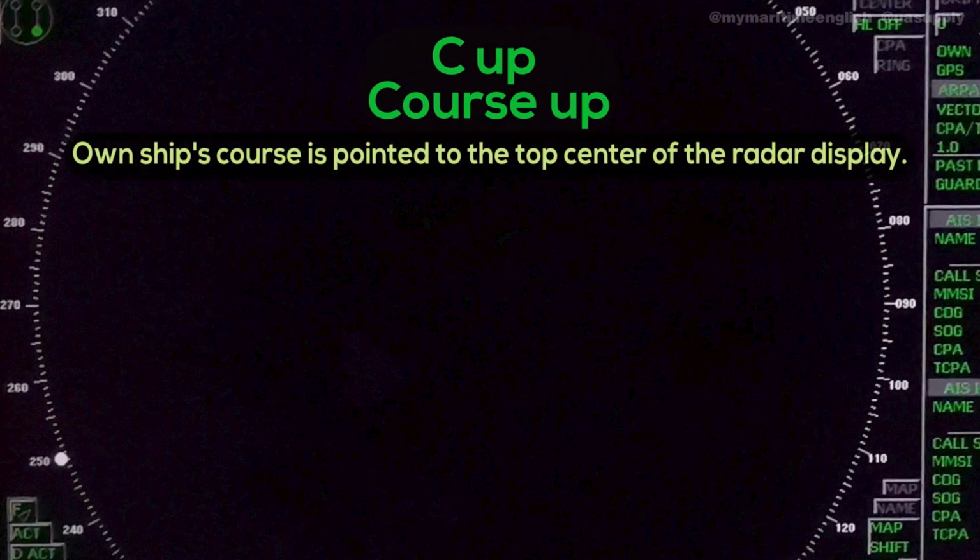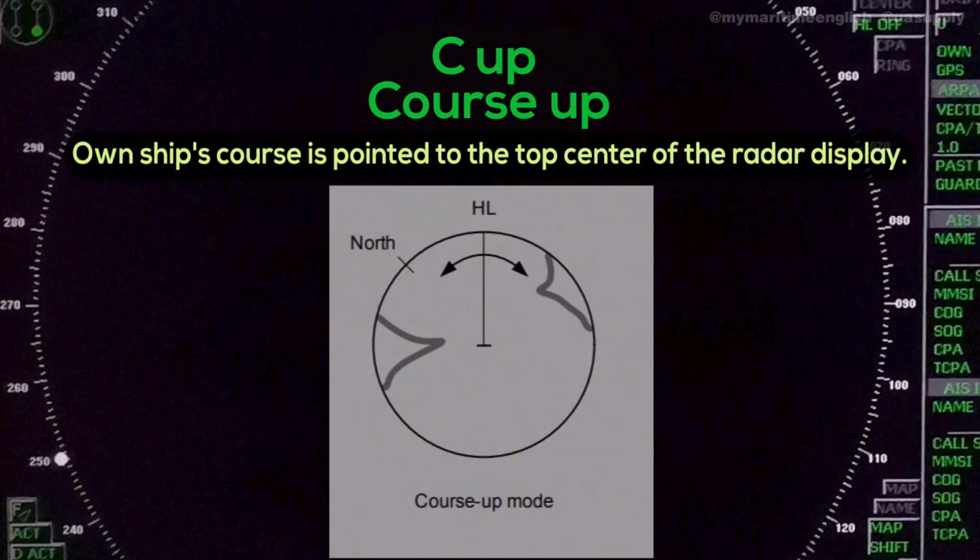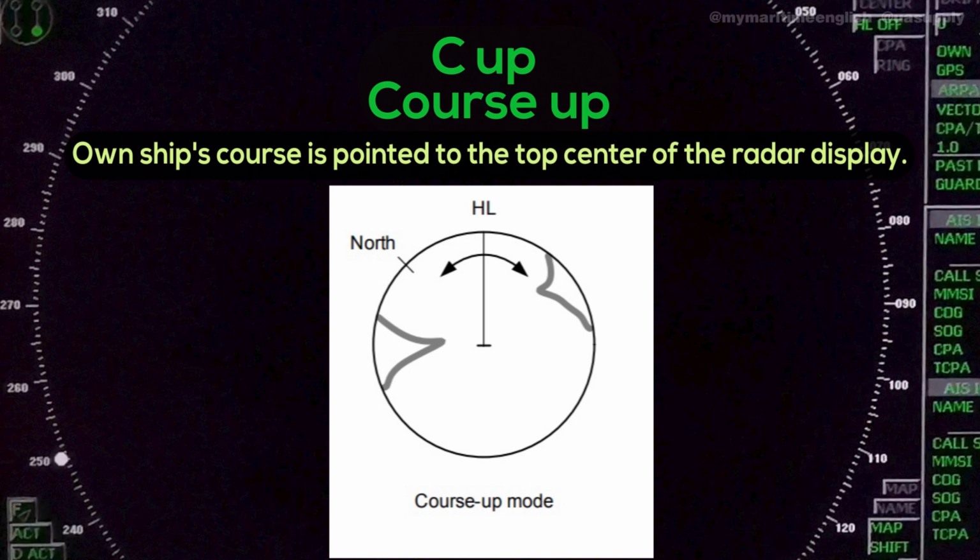C up, course up. Own ship's course is pointed to the top center of the radar display.